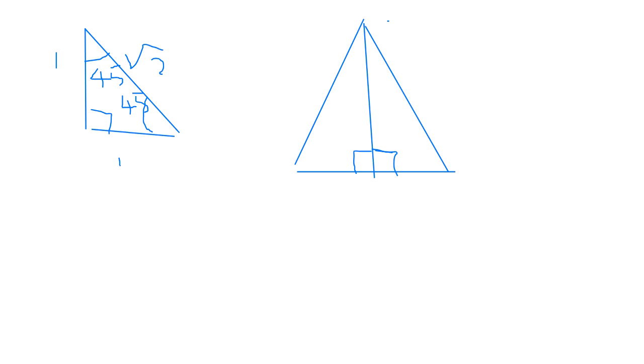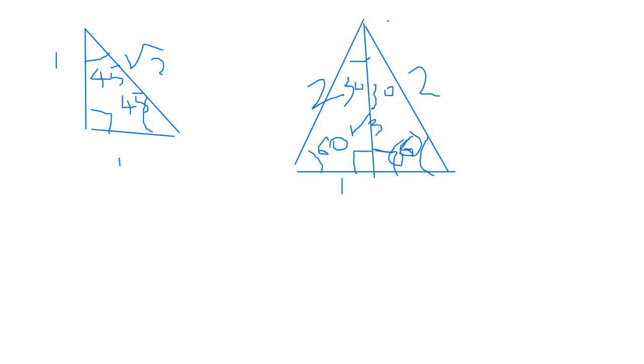Where here will be 30, 60, and 60. So in that case, here will be 2, here will be 2, here will be root 3, and here will be 1, and here will be 1.